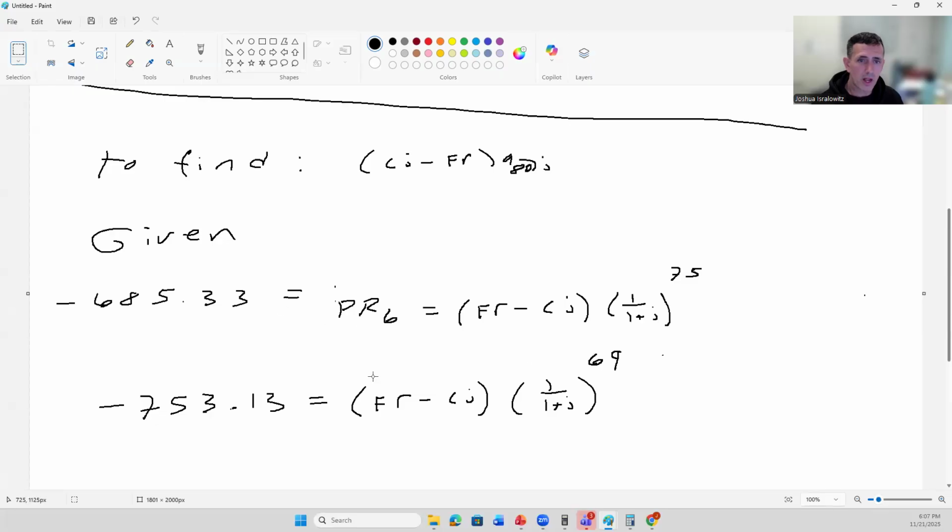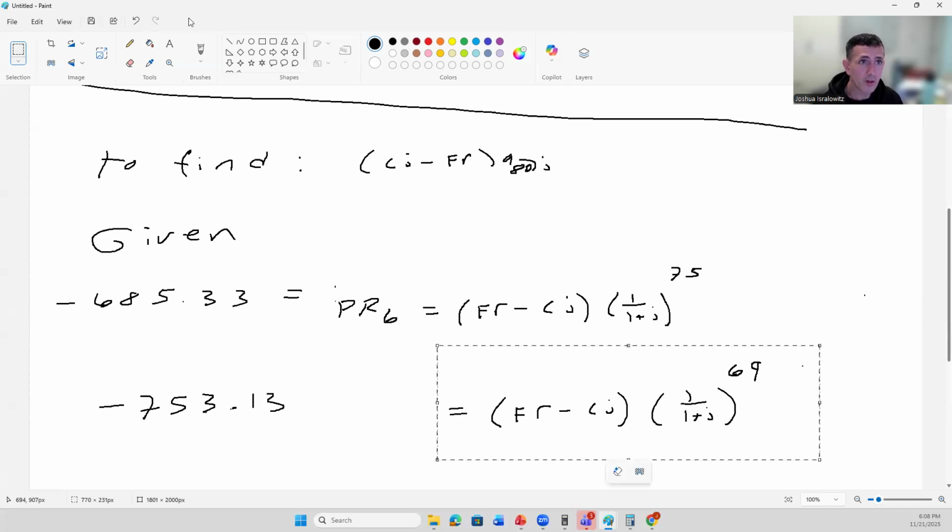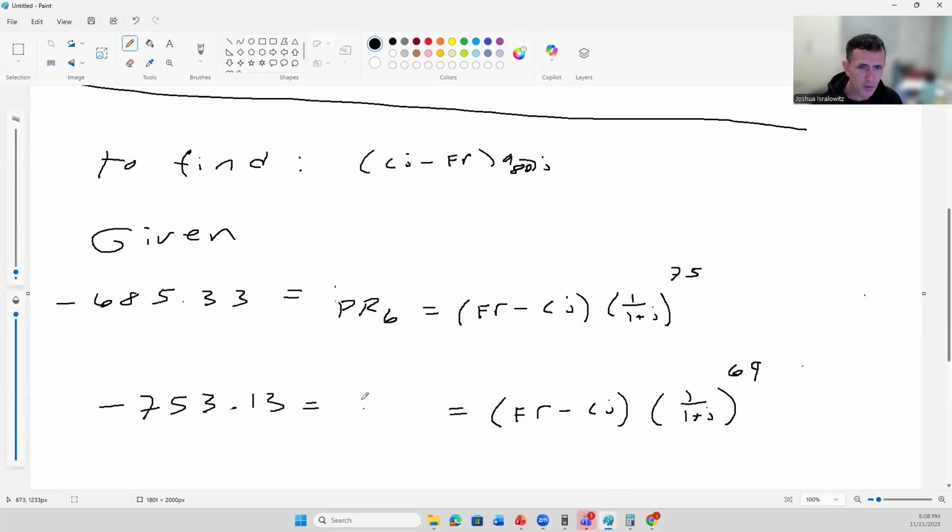So I'm going to just divide. This equals principal paid after 12. You can just divide one by the other. It doesn't matter which one. I have written this in my notes, 753.13 over 685.33. So let's do that.